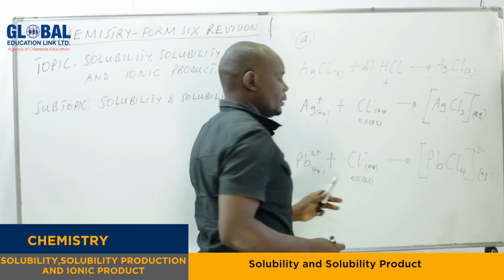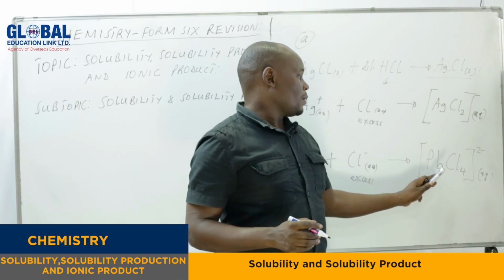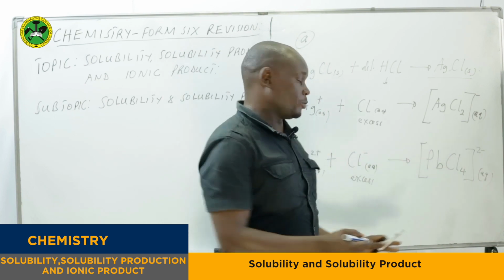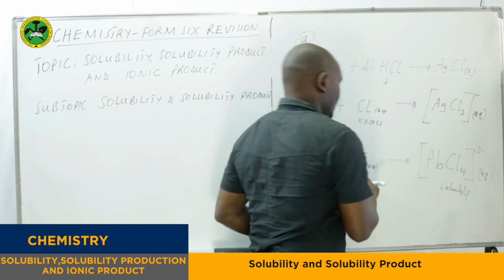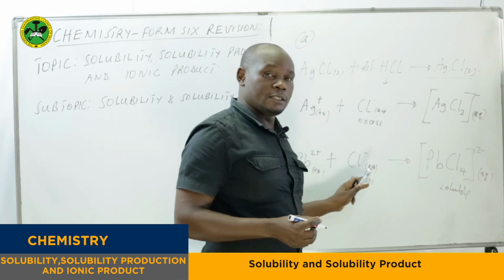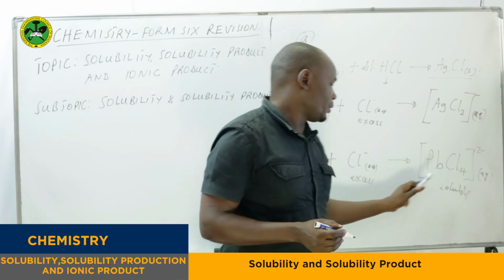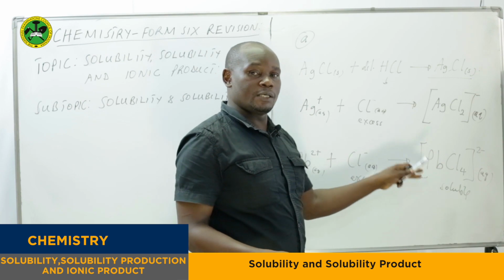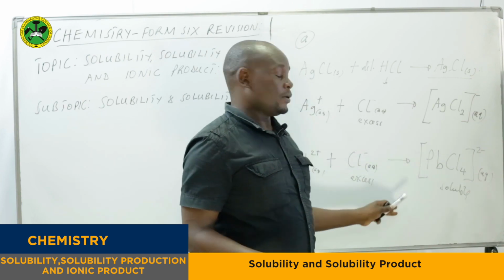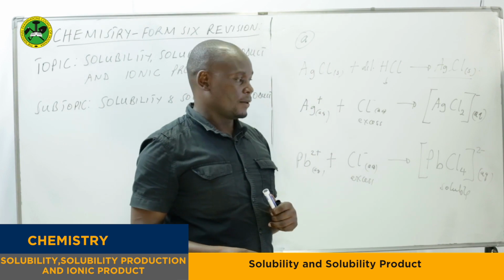So it leads into formation of tetrachloroplumbate(II) ions, which is our complex compound, which is soluble. This is happening when it is in concentrated hydrochloric acid. So the solubility of lead chloride is increased. So lead chloride is soluble in that solution, but not soluble in pure water.